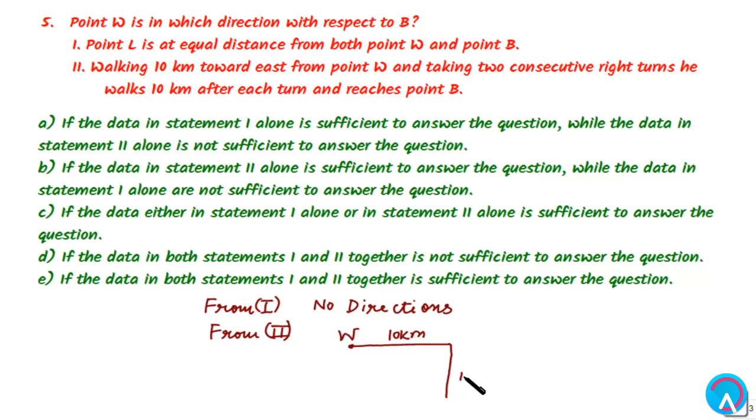This is 10 kilometers. And the second right turn will be here. This is also 10 kilometers. He reaches point B. So we can very clearly see that with respect to point B, W is in the north direction. So option B is the correct answer: the data in statement 2 alone is sufficient to answer the question, while the data in statement 1 alone is not sufficient.